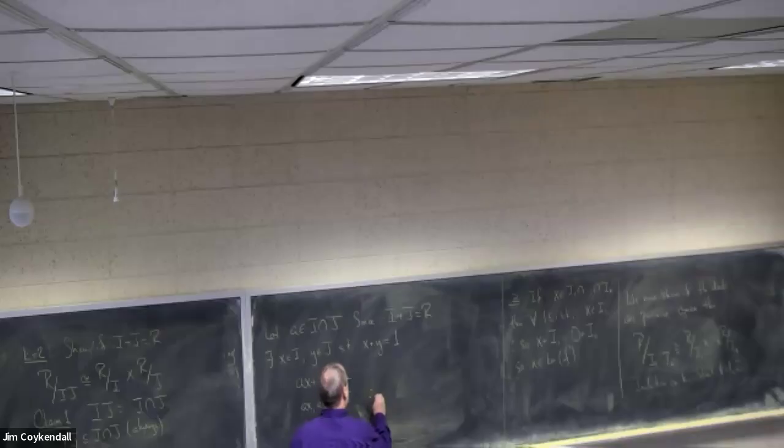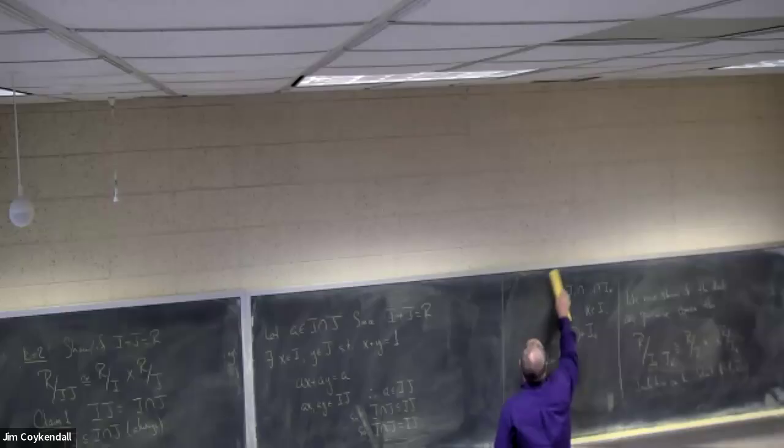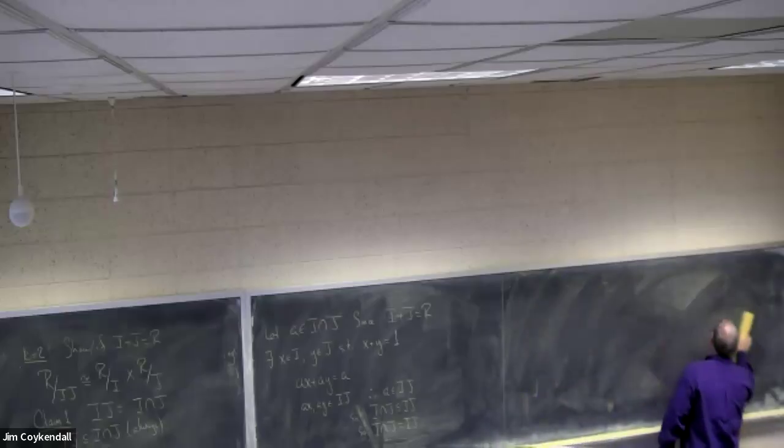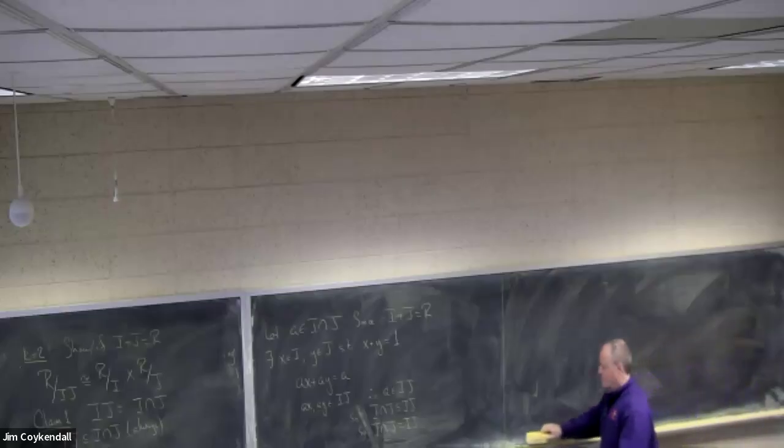Therefore, A is in IJ. So I intersect J is equal to IJ. The product is always contained in the intersection, but in the comaximal case, you get the other containment. Okay, any questions?